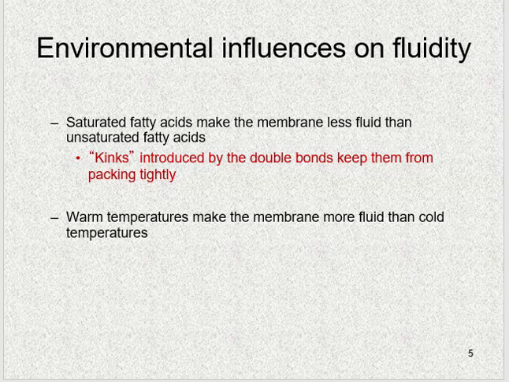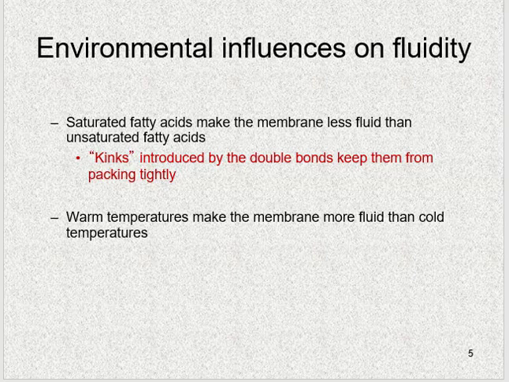There are a few things that can influence the fluidity of the plasma membrane. The first is whether or not it's composed of saturated fatty acids or unsaturated fatty acids. If it's composed of unsaturated fatty acids, the membrane will be more fluid. This is because the double bonds in unsaturated fatty acids, or the kinks, will keep them from packing tightly.